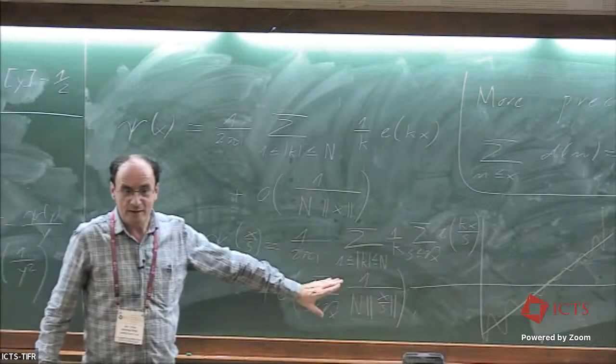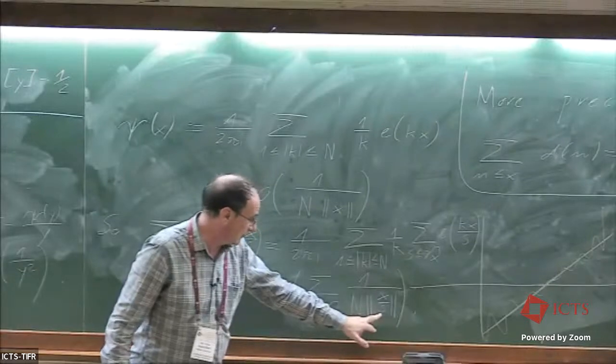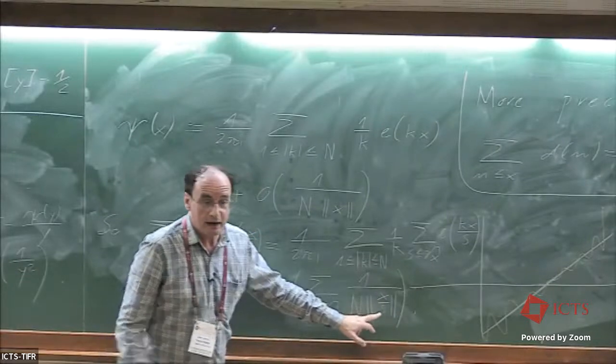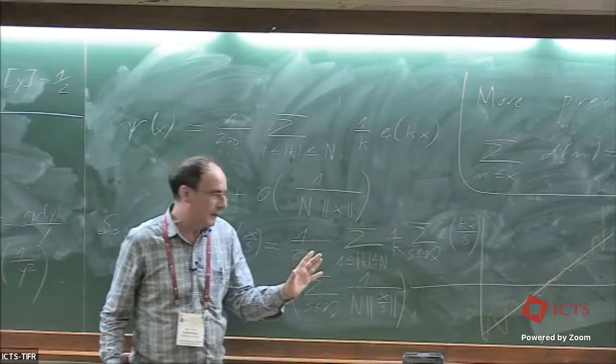That error term is quite unpleasant here, because we have to estimate how often x divided by s is near an integer.